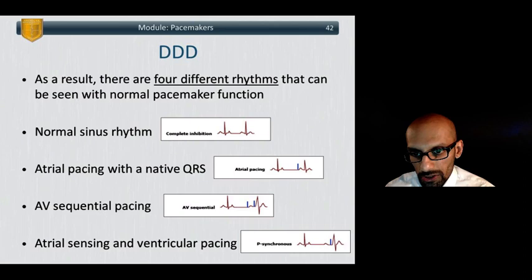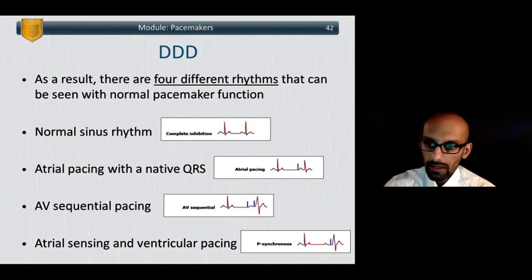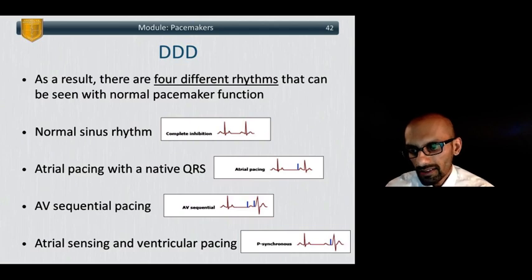You can have AV sequential pacing when both the sinoatrial node and the AV node aren't working properly. And then lastly, if the atrium is working fine with sinoatrial node function, but the AV node is problematic, you can just pace the ventricle. So you review these rhythms with the pacing spike so you understand what's happening, but you can get any one of these 4 rhythms coming out of a DDD program.